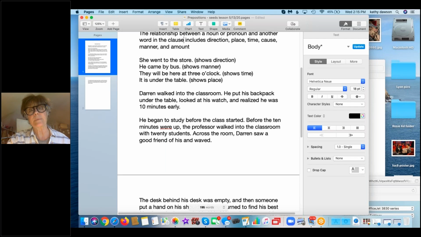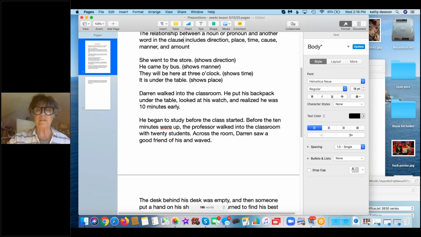So into is the preposition, into the classroom, which is a location, is the prepositional phrase. With is a preposition. So with 20 students is a prepositional phrase. Across the room, another prepositional phrase beginning with the preposition across.